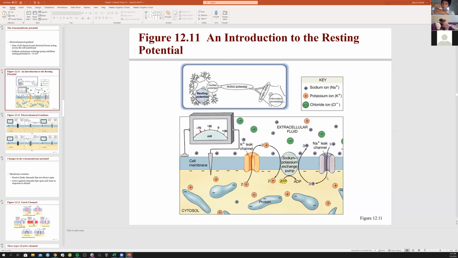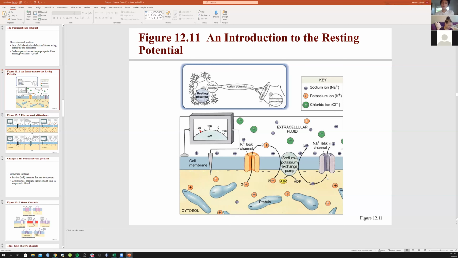Whenever you feel a touch, that leads to a change in voltage across a membrane, and that in turn activates voltage gated channels. It can activate sodium voltage gated channels. It can activate potassium voltage gated channels.